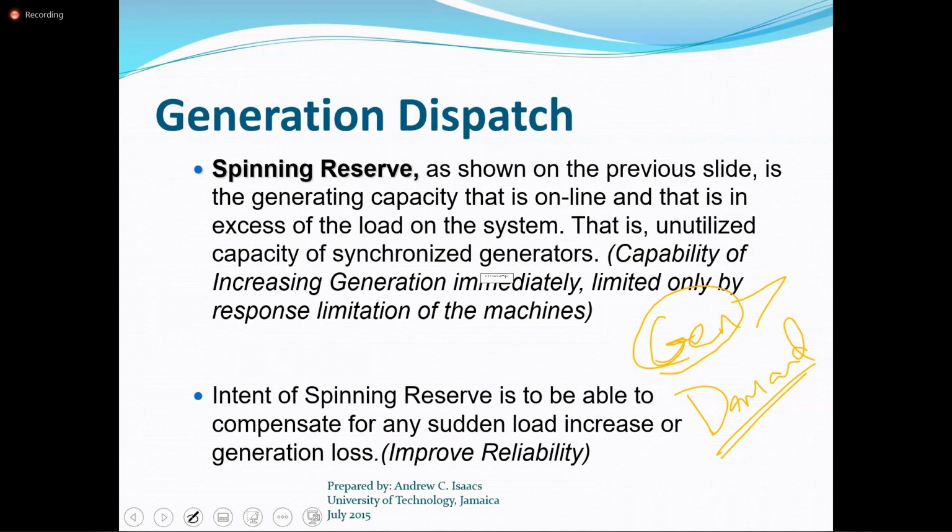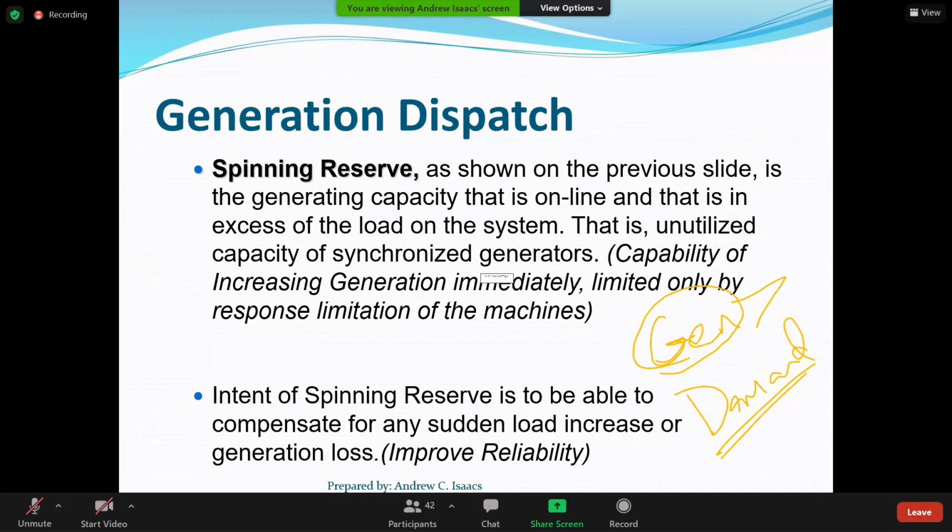There was a rule of thumb which says that no one generator should serve more than 10% of the total system demand. And then the flip side is that the spinning reserve must be greater than 10%. In Jamaica, I think we are using about 20% at a maximum point in terms of spinning reserve.